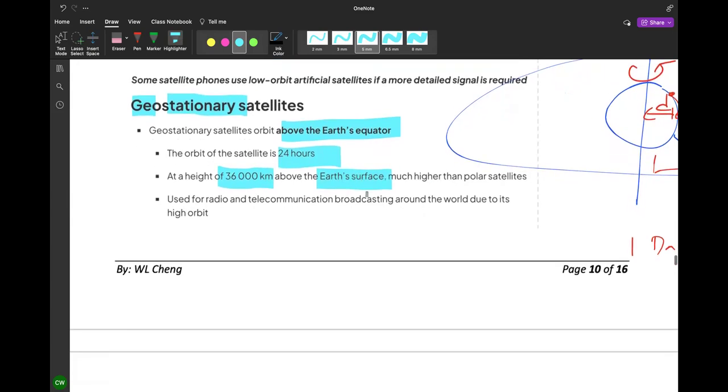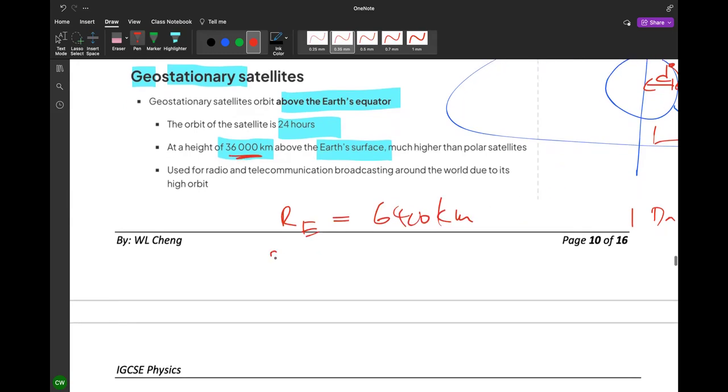Okay, above the Earth, 24 hours, 36,000 km above the Earth. Do you know the diameter of the Earth? What is the radius of the Earth? 6,400 km. How much is this? Can you try to find the value? How many times?